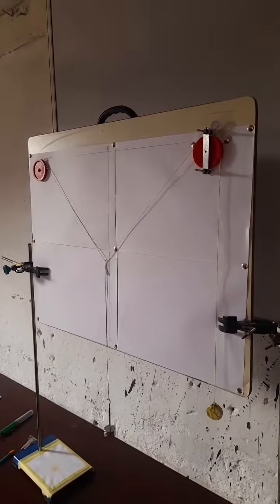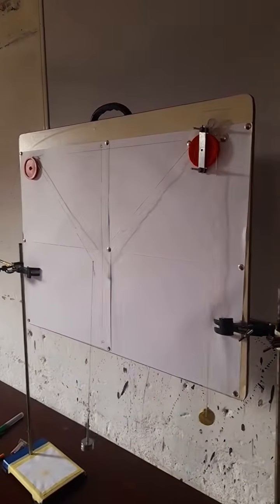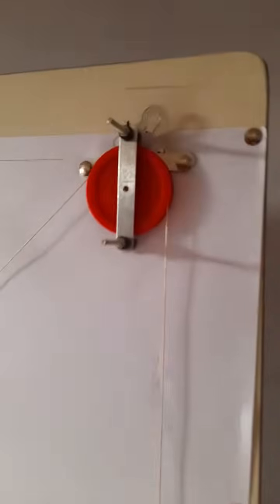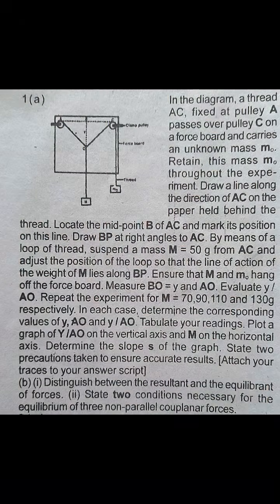Remember, your lines have to be accurate for you to have correct readings. All right, so the question said first ensure that M and M naught hang off the board, so we don't allow them to touch the board. And then we measure BO, and they call that Y. Measure BO, measure BO1, measure BO2, like that.